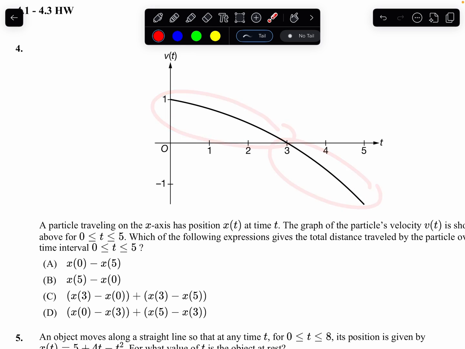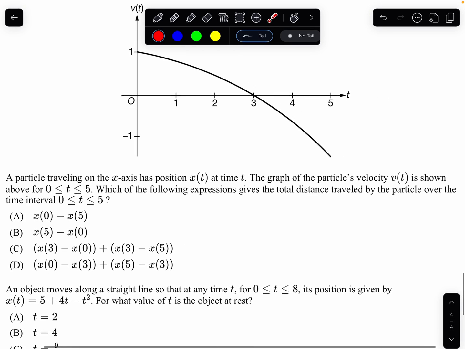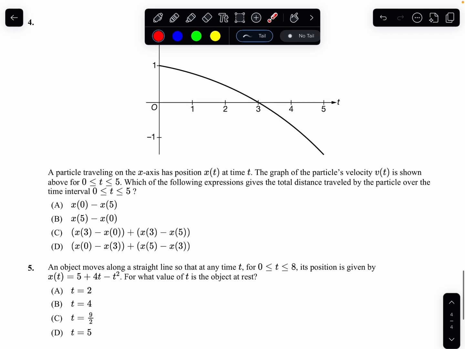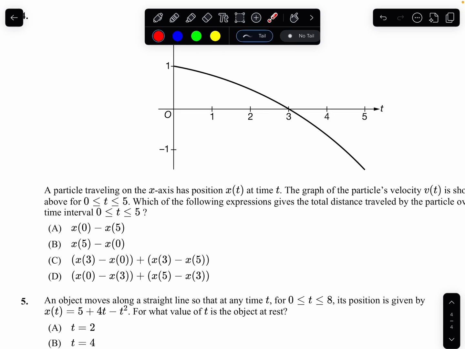And so, what's the best way to explain this without ever having explained total distance traveled to you guys? So, let's say this right here. Oh my gosh, I shouldn't have assigned this because it's hard to explain.